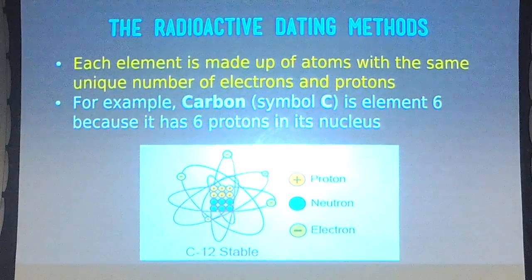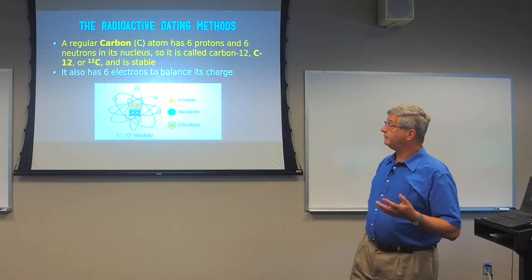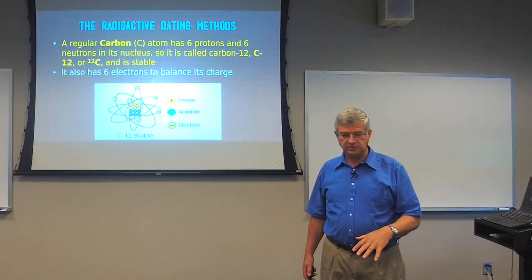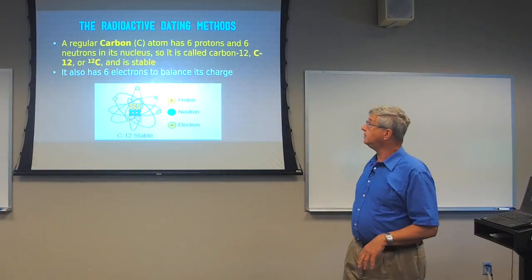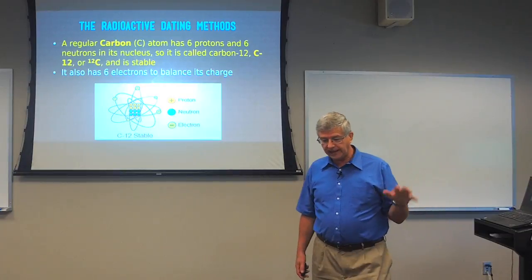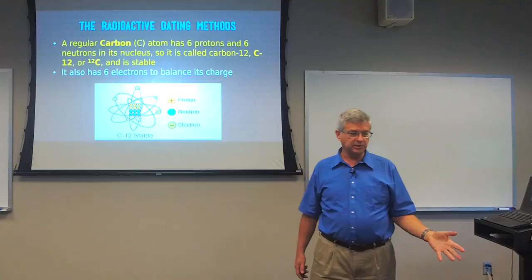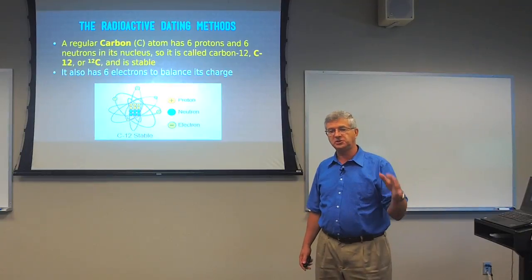And to balance, of course, it has 6 electrons orbiting in its shells. Now, normally it would have the same number of neutrons in the nucleus. So a regular carbon atom is called carbon-12 because it has 6 neutrons and 6 protons in its nucleus.